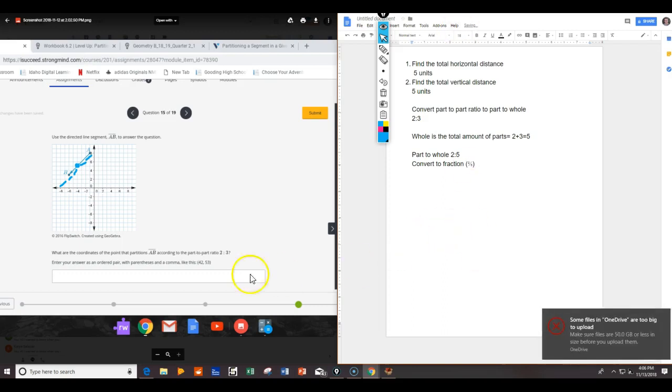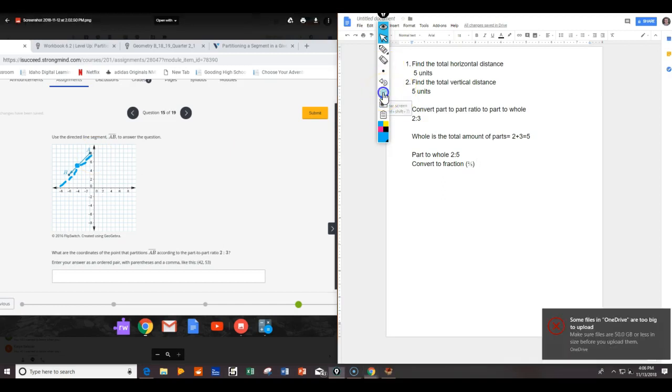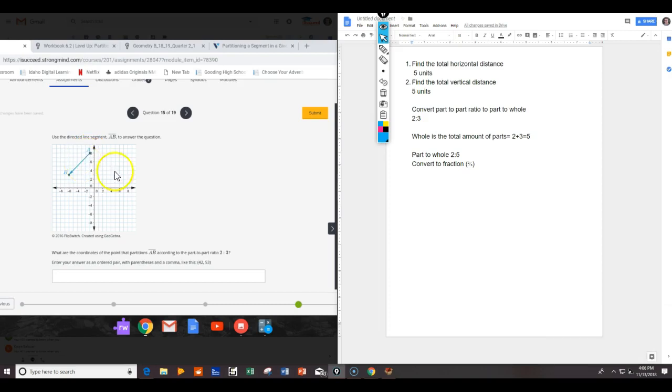It's just how we would convert our ratio. Now we're going to come back to our horizontal distance. If we had this segment cut up into 5 equal pieces, that's the part to whole. It wants the point to be located 2 pieces down.